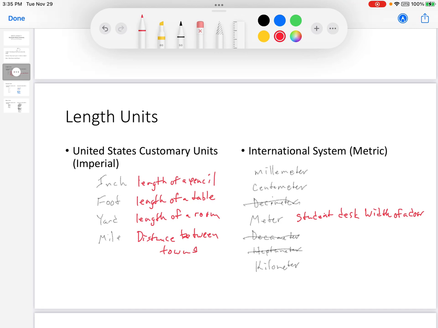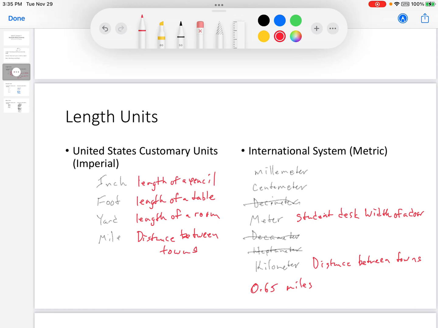A kilometer, again, would be the distance between towns. A kilometer is only 0.65 miles. So it's more than a half, but it's not quite, a little bit more than a half of a mile long. So miles are longer than kilometers.